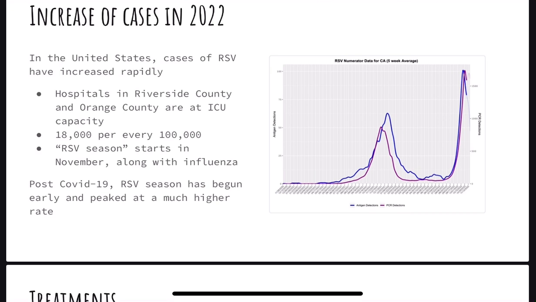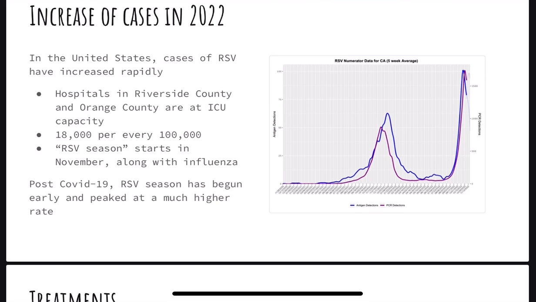RSV season generally starts in November, alongside the influenza season, so that may be attributable to that, but we are seeing a lot more cases of RSV this year. In Riverside County and Orange County alone, most of the ICU beds are full because of RSV cases. So we're seeing a lot more issues with RSV cases and being able to treat patients.